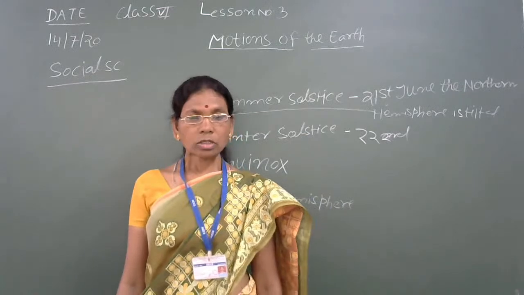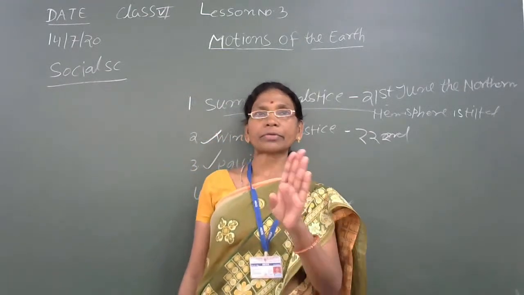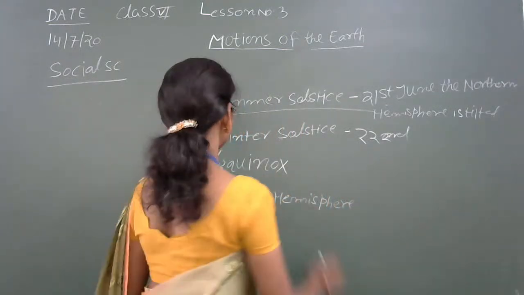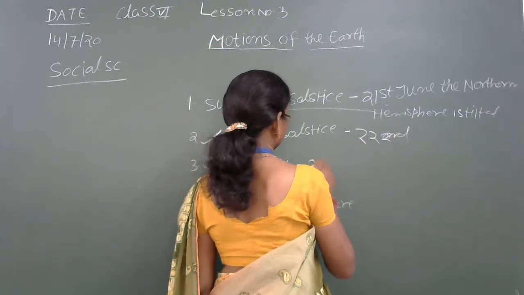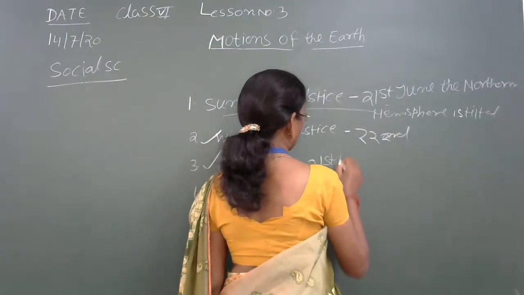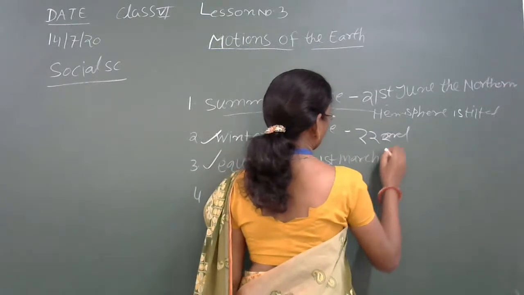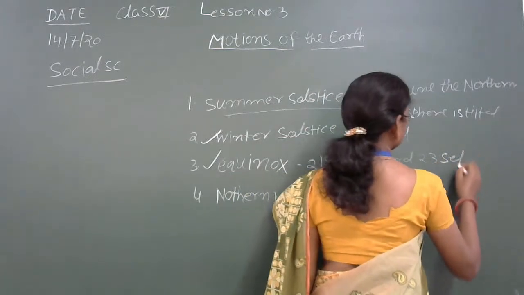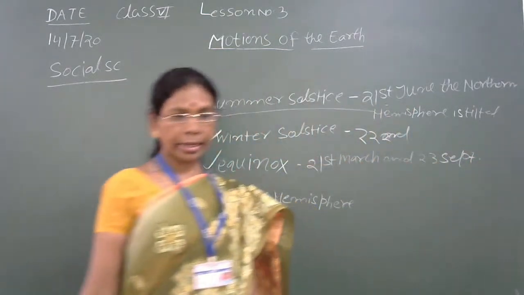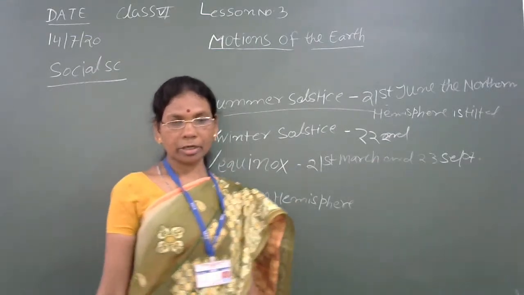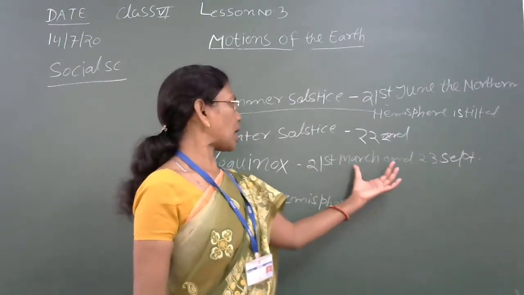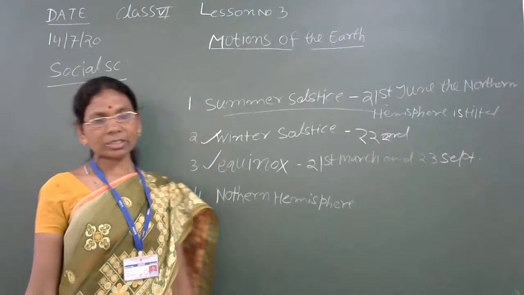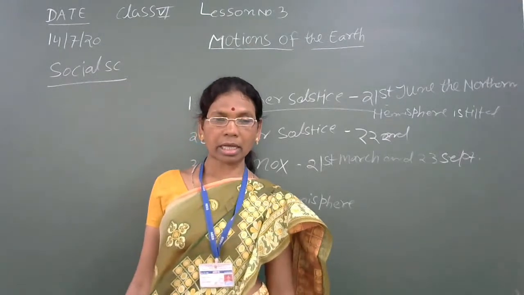Come to the next paragraph, that is the third paragraph. Equinox. So children, now here on 21st March and 23rd September, underline the point, beta, direct rays of the sun fall on the equator.